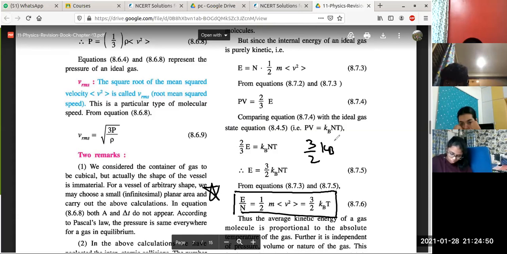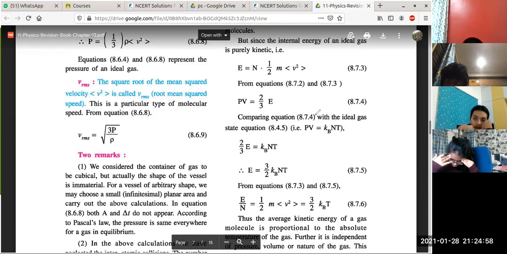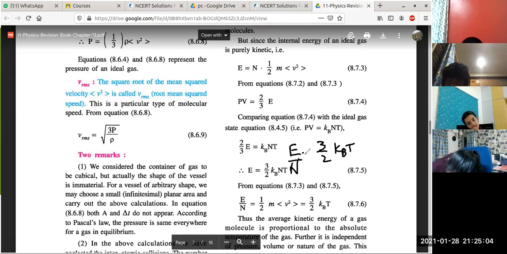This is the energy acquired by one molecule. It is three by two kBT.